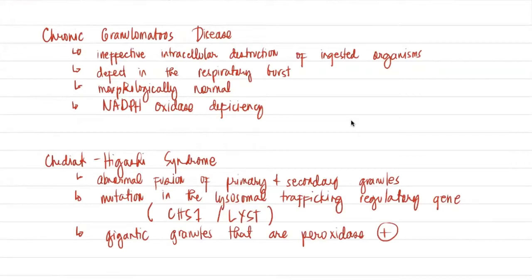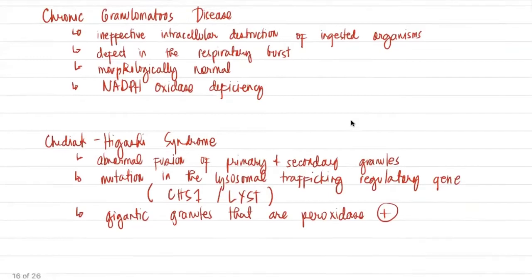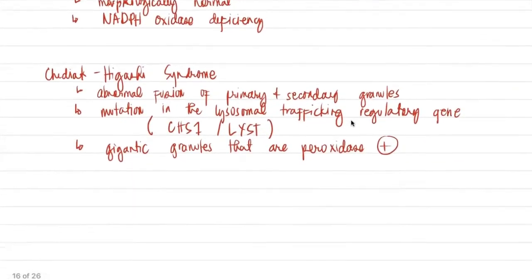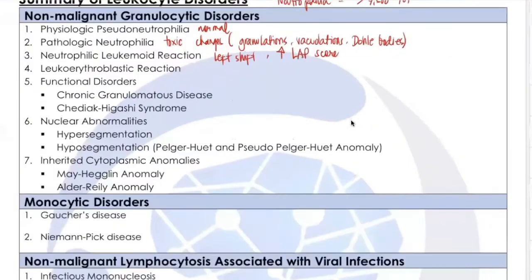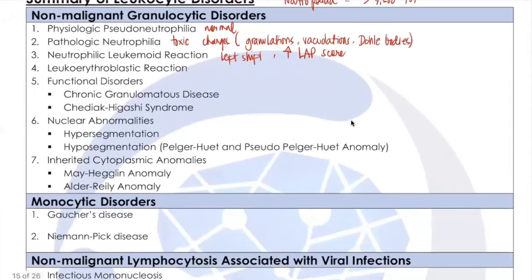Then, when it comes to nuclear abnormalities, we are to talk about hypersegmentation, which is oftentimes a manifestation of nuclear cytoplasmic asynchrony, so it is oftentimes associated with megaloblastic anemia.